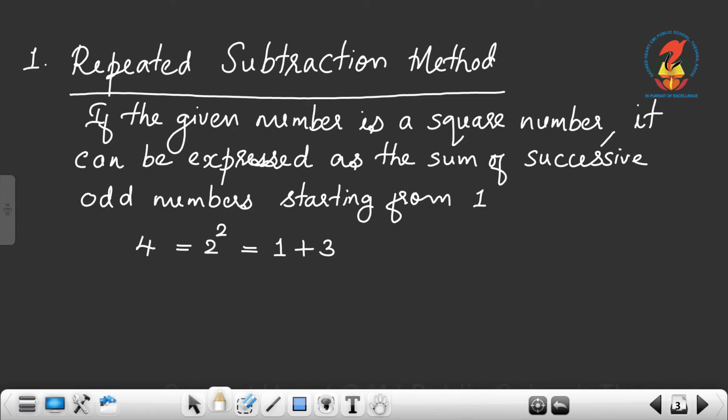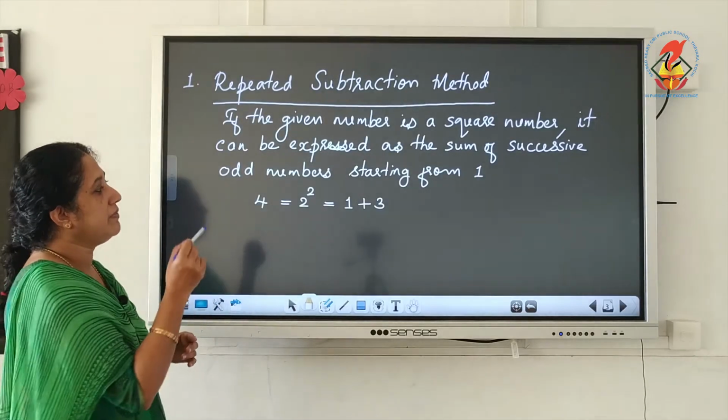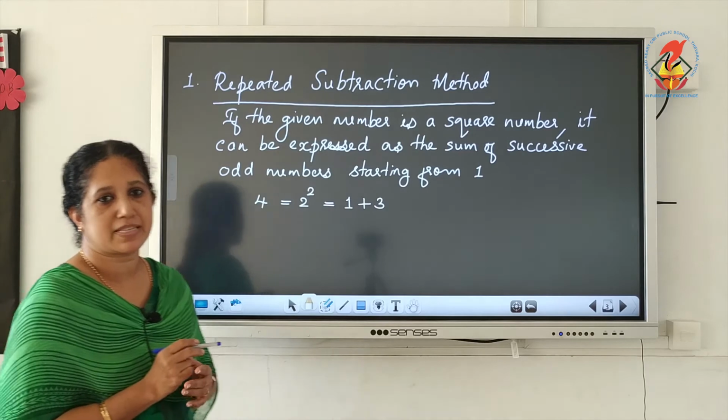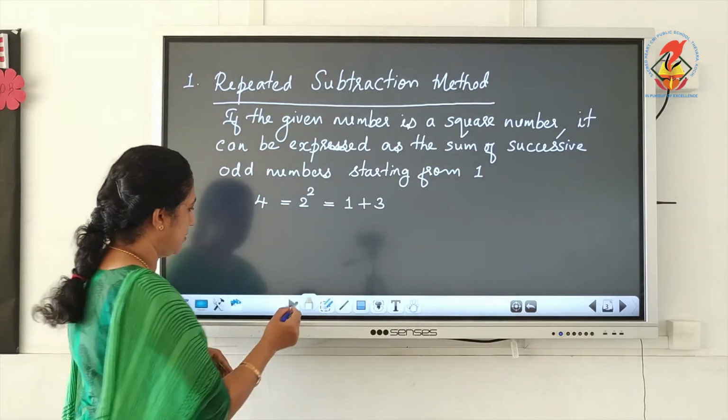So we can say that 4 is a perfect square and 4 can be written as the sum of successive odd numbers starting from 1. So, if the given number is a square number, it can be expressed as the sum of successive odd numbers starting from 1. So, based on that concept, we will find out whether the given number is a square number or not.